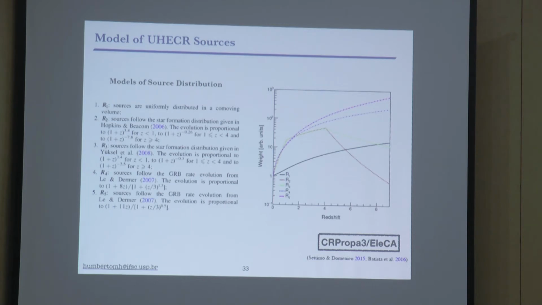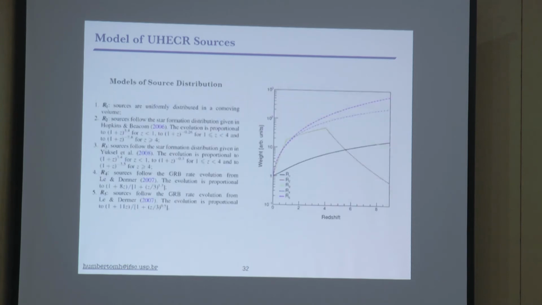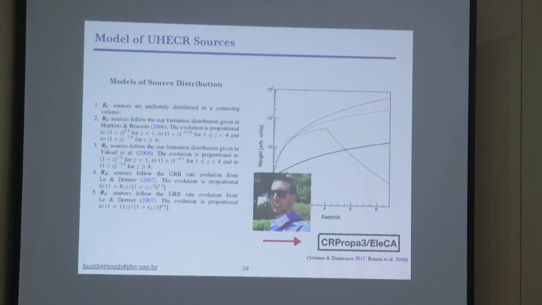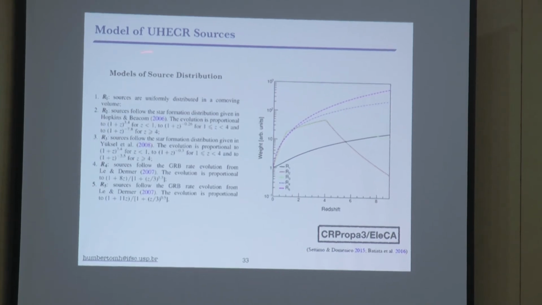Once we have a source distribution model and also the injection models, we need to propagate everything from the source to the Earth. For that, we have used the SimProp 3 and CRPropa software, and for that we need a lot of combinations.